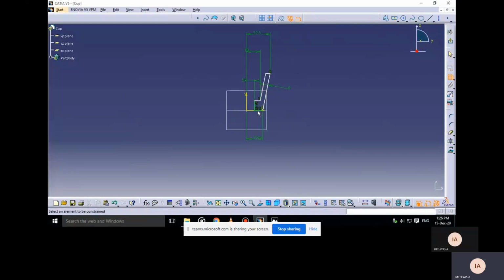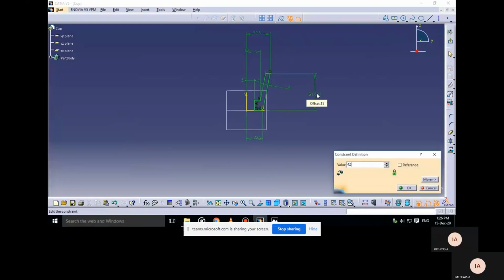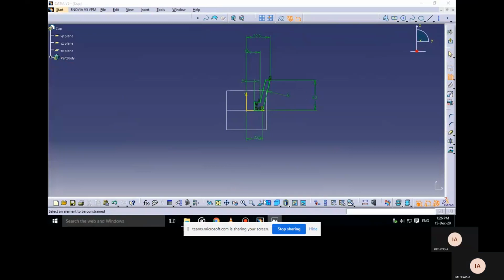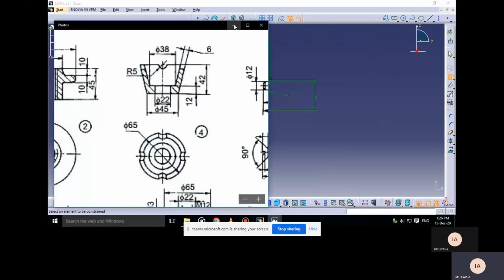The thickness is 12 mm at the bottom. 42, then that is 12.